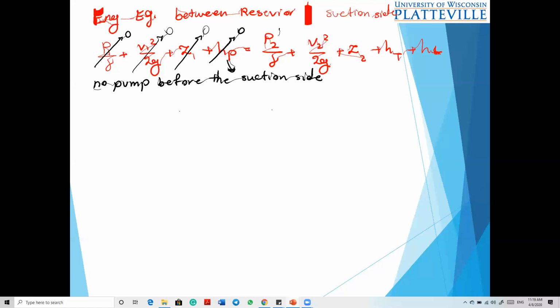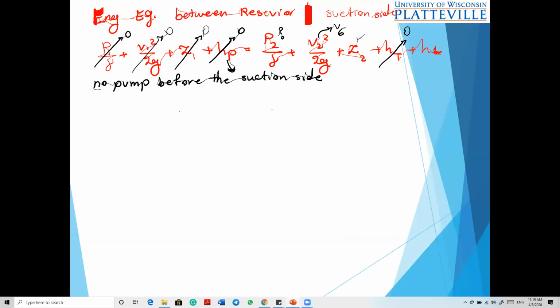Pressure at point 2, the suction side, I don't know, this is something I'm looking for. Velocity at point 2 is the same as the velocity in the 6-inch diameter pipe. Elevation, I know the elevation, there is no turbine. And what is the head loss?